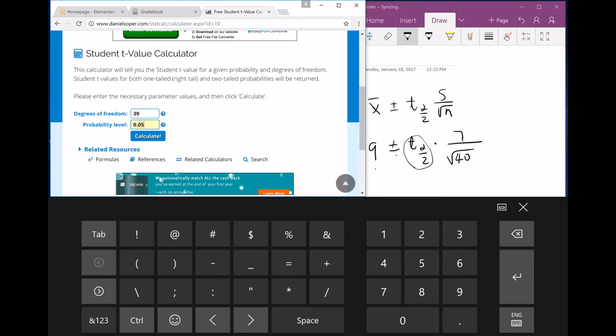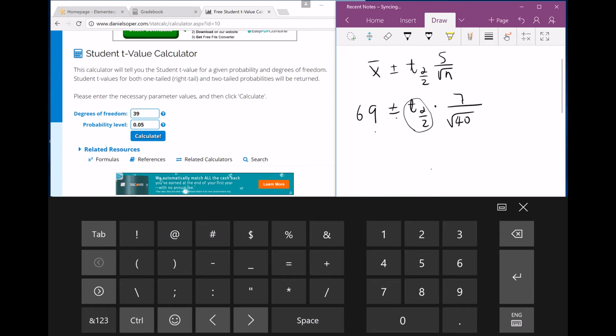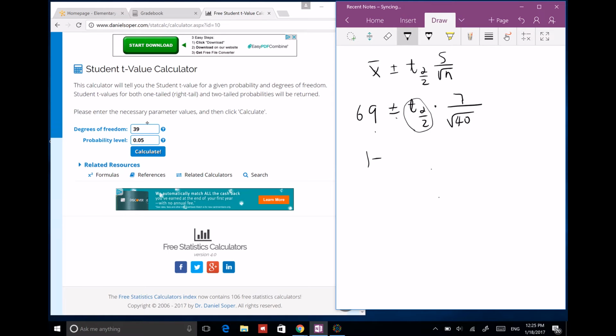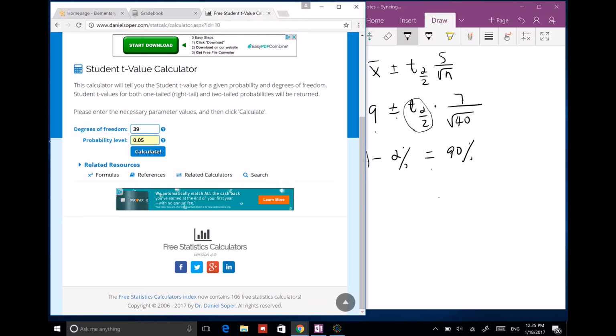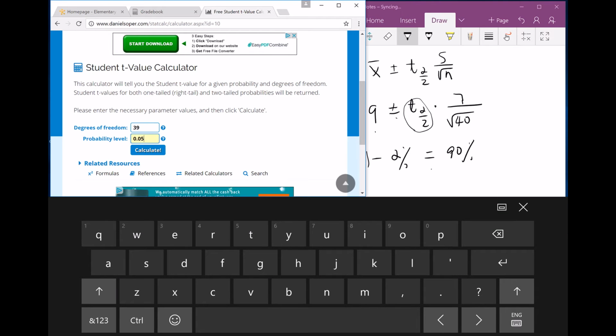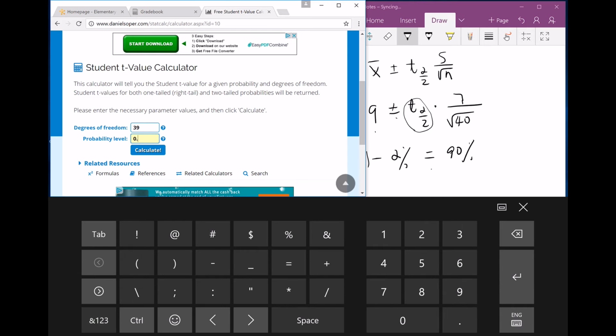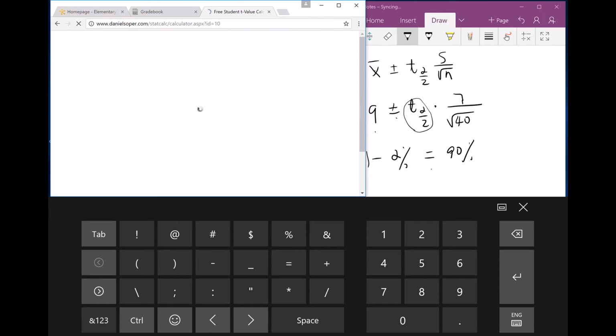And the probability: alpha equals 1 minus the confidence percentage, which is 90%, so alpha equals 10%, so it's 0.1. Then calculate.